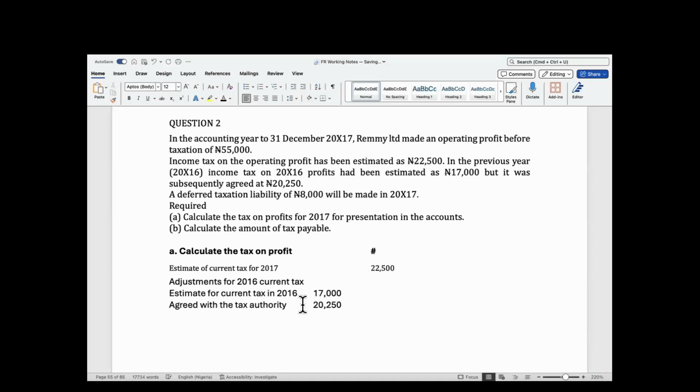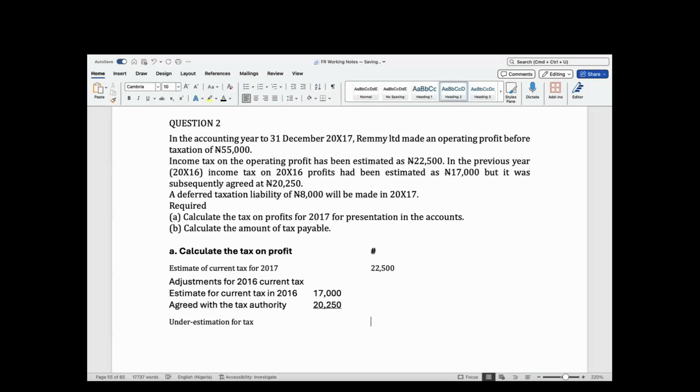In this case, do we have an overestimation or an underestimation for tax? We have an underestimation for tax, which is a debit. Olamilekon told us that time that we debit this to P&L. That's why it's always added.